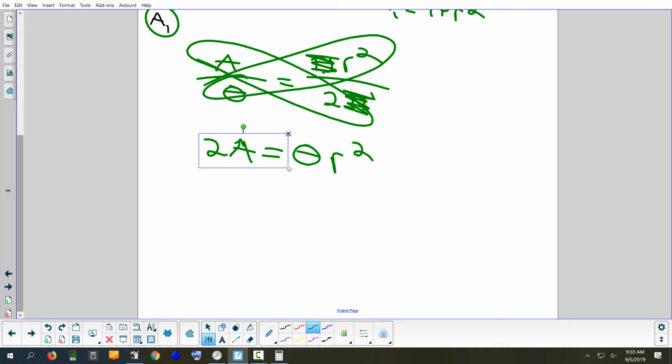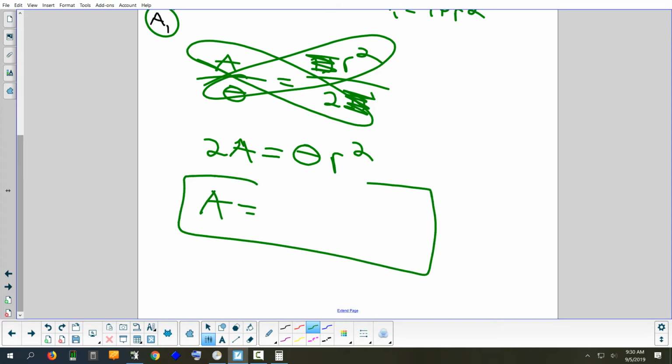How would I get this 2 on the other side? Yeah, divide by 2, which is the same as multiplying by what number? A half. Yep. So you can write it either way. This is how the book writes it. If you write it as r squared theta over 2, it's the same thing. So this is the formula for the area of a sector.